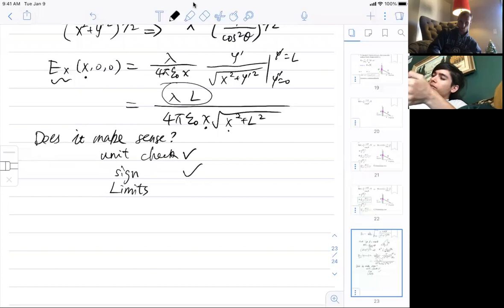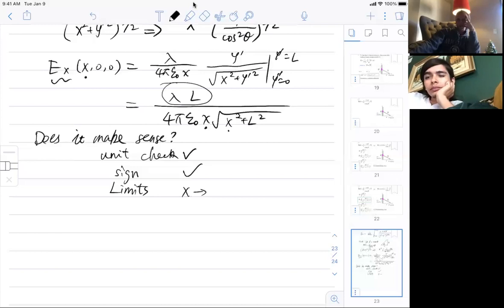So what might be some limits that you want to look at? Limiting cases. Limits. You can check limits.